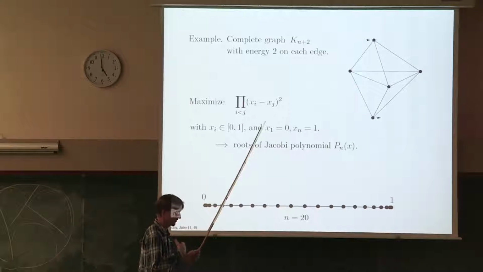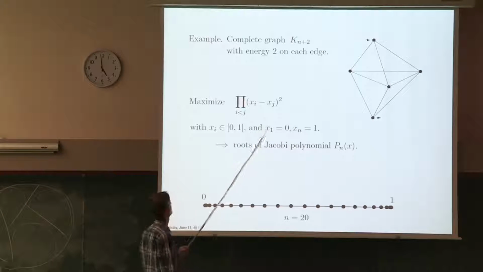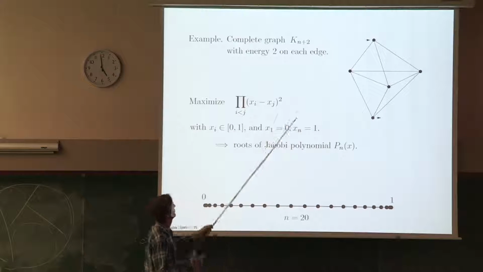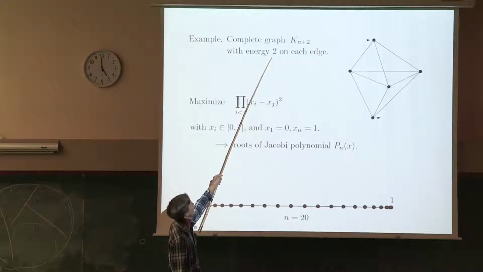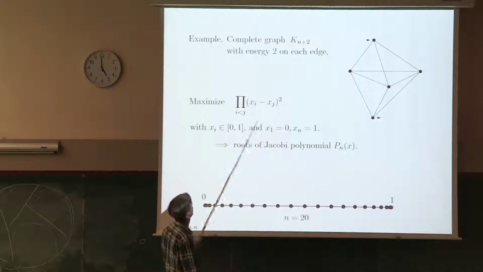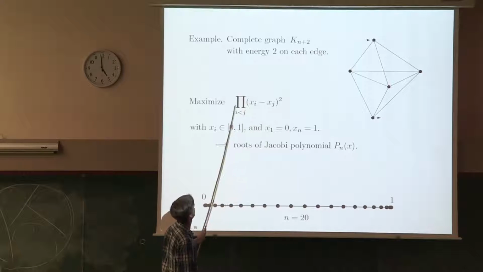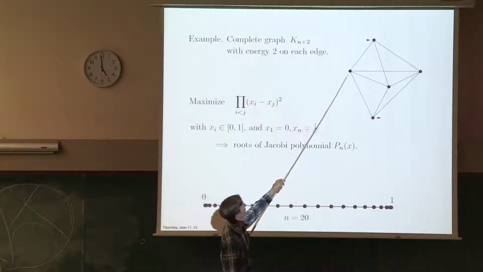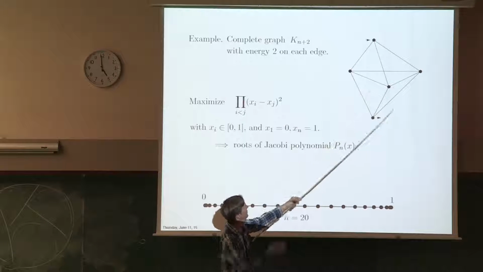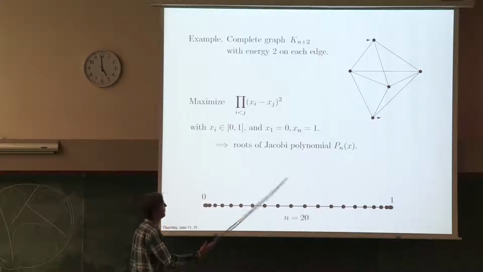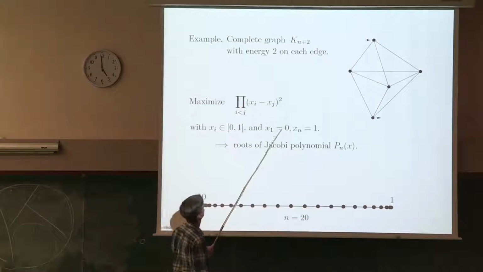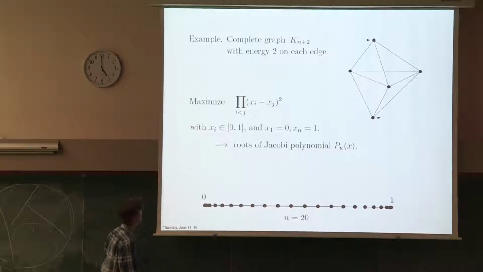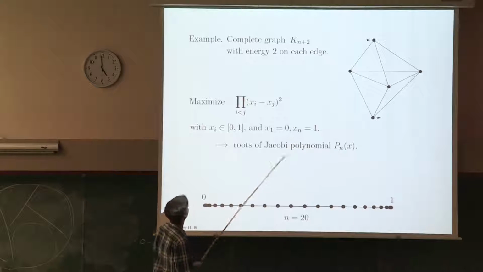So that functional, which appears in the proof, says that suppose I want to find a solution where all the energies are 2, then I need to maximize this product of xi minus xj squared, where the xi's are the values on the interior, well, all the values really, but I'm fixing two of the values, x1 to be 0 and xn to be 1. So that should be an n plus 2.